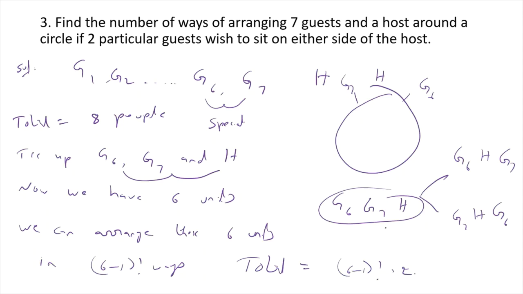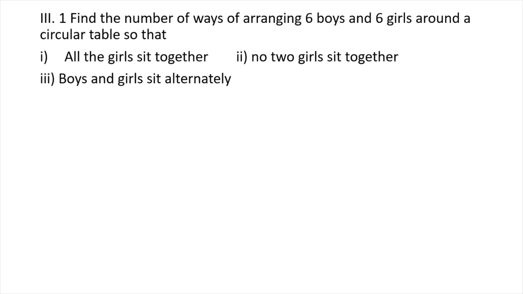So these are the total number of arrangements. Now we have this special problem. You have seen this problem in linear permutations. Now we have the same problem in circular permutations. So you can clearly observe that the number of linear permutations and number of circular permutations are going to be different. Okay.